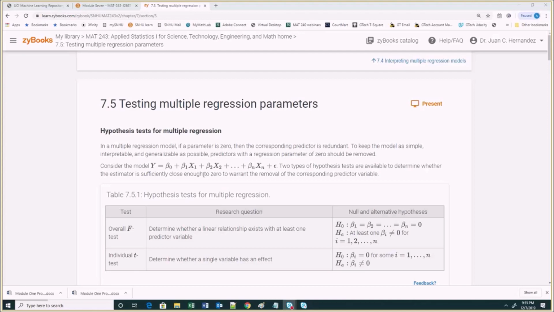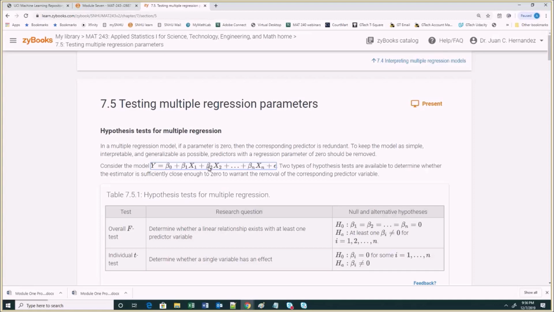One is what we call the overall F-test. And just like it says, here we're testing the overall significance of the model, meaning, is the model significant at all? What does it mean for the model to be significant? Well, it means that at least one of the betas for these variables x1, x2, or any other x variable has to be non-zero, right?